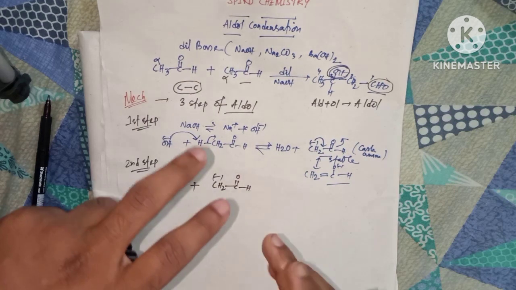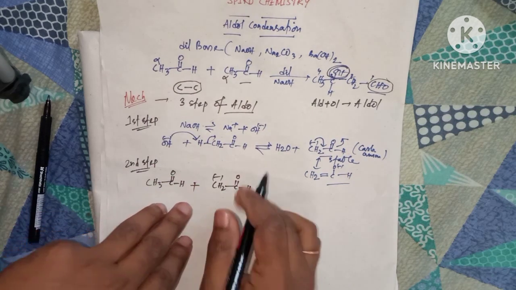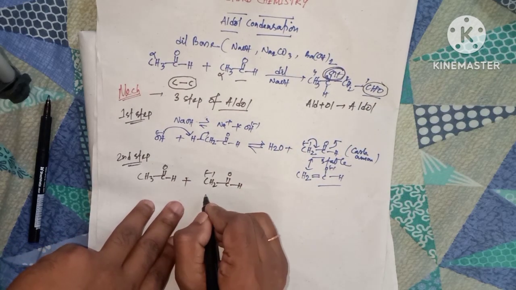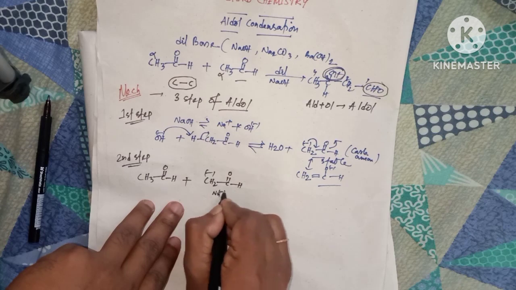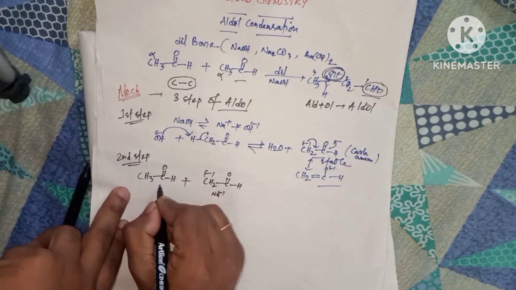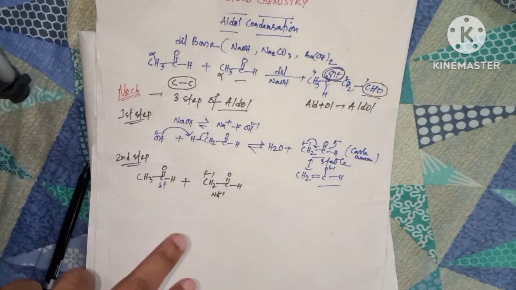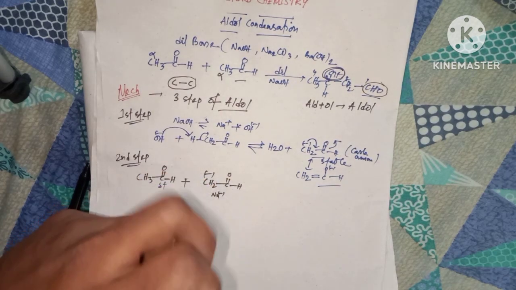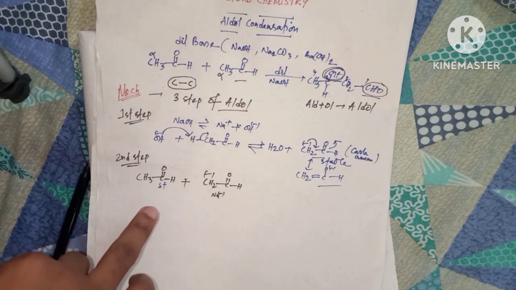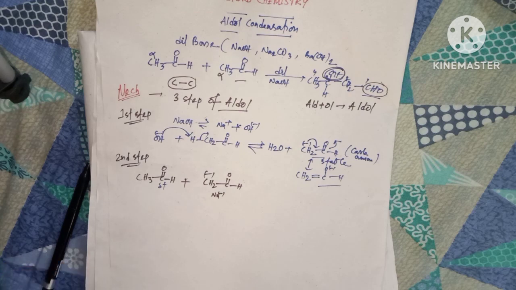This is also a nucleophile. This carbanion reacts as a nucleophile, and we know that this carbon is delta plus. Why is this delta plus? You guys comment in this video why this is delta plus. Why I write here delta positive.